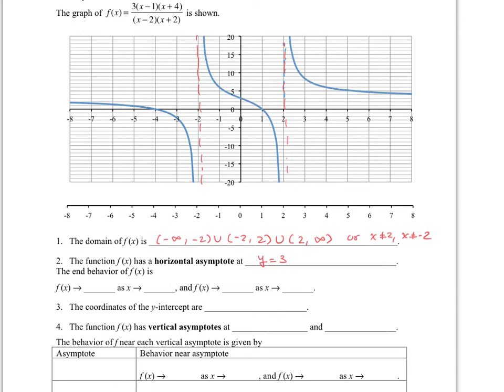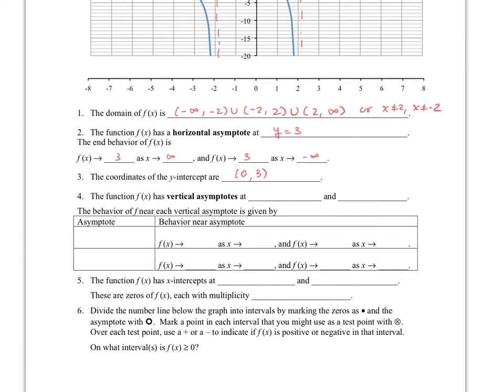That means f of x is approaching 3 as x goes to infinity, and f of x is also approaching 3 as x goes to minus infinity. That's what it means to be the end behavior. Remember that this is the same thing as the horizontal asymptote. Now the coordinates of the y-intercept: the y-intercept is right here, so that will be (0, 3).